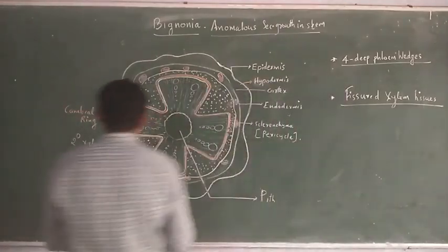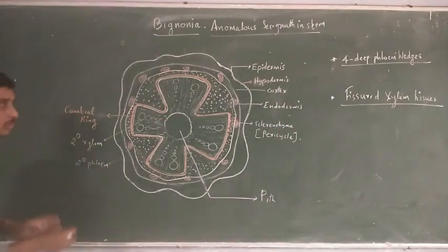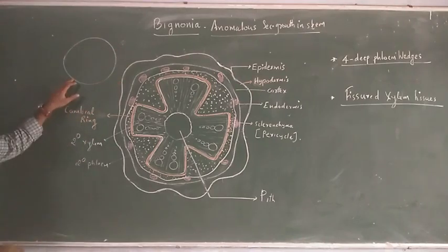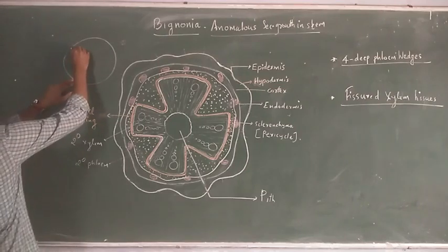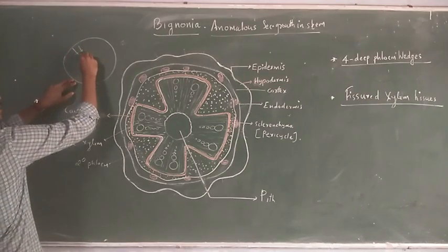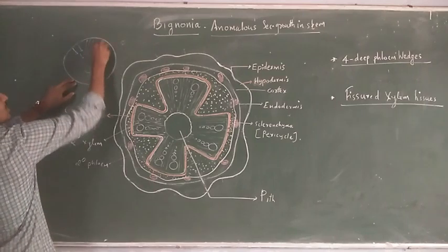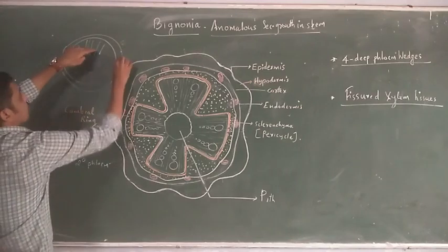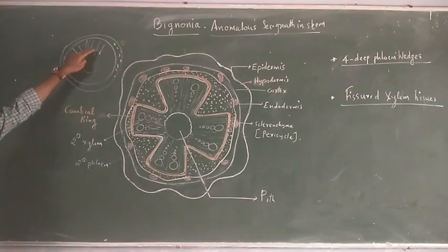We know that in the normal pattern, fascicular cambium and interfascicular cambium unite together and form a complete cambial ring. That cambial ring produces a larger amount of secondary xylem towards inside and less amount of secondary phloem towards outside. That is the normal pattern.